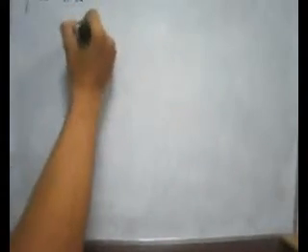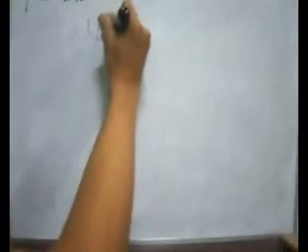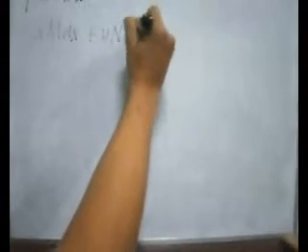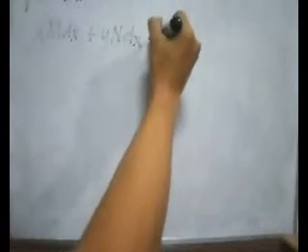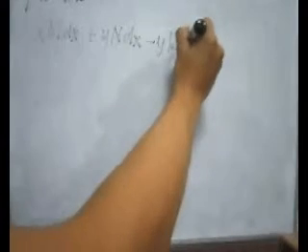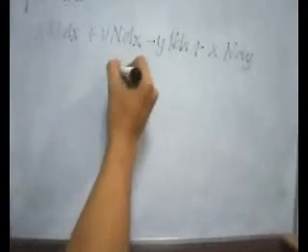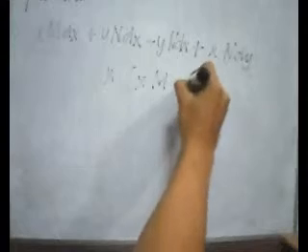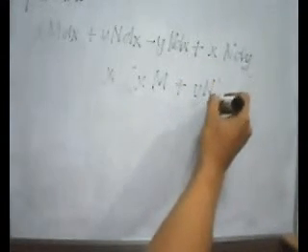So we have, let's begin here, xm dx plus yn dx minus yn dx plus xn dy, over x times xm plus yn.